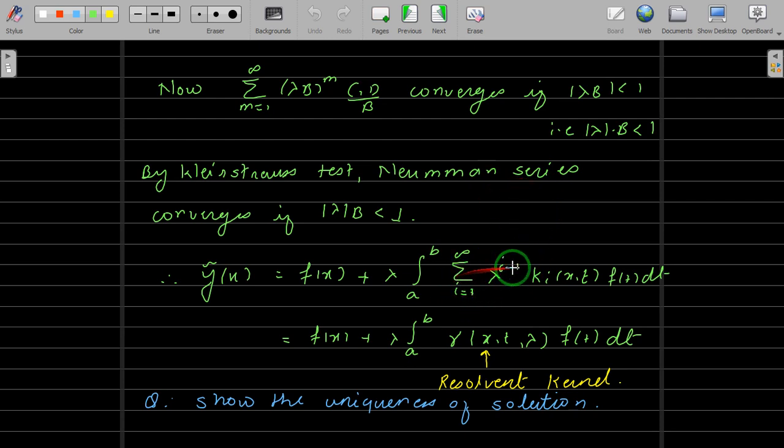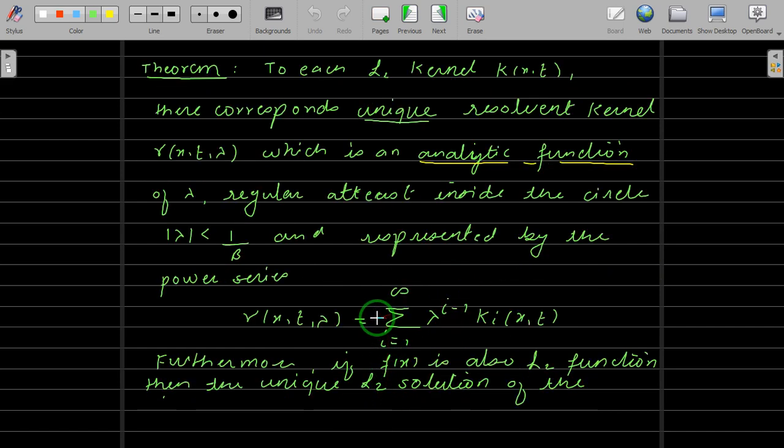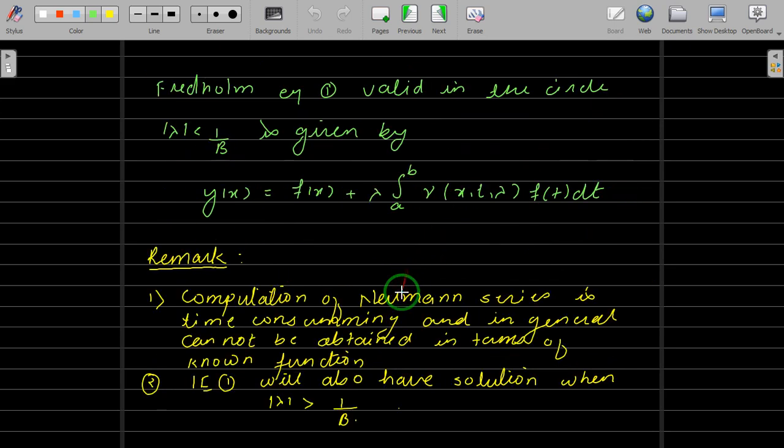And then we have taken this lambda out, and we have taken this series as a function of x, t and lambda, and we called this the resolvent kernel. And the question was to show that this solution, whatever we got, is unique. Based on that, we have stated one theorem wherein whatever we have proved is put up.